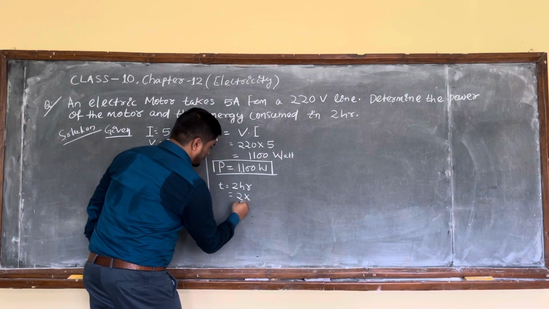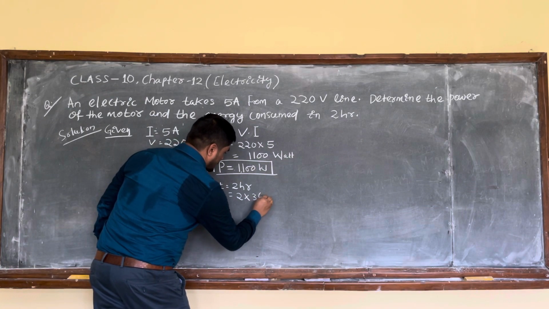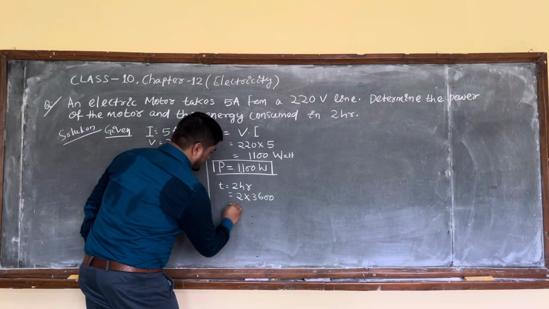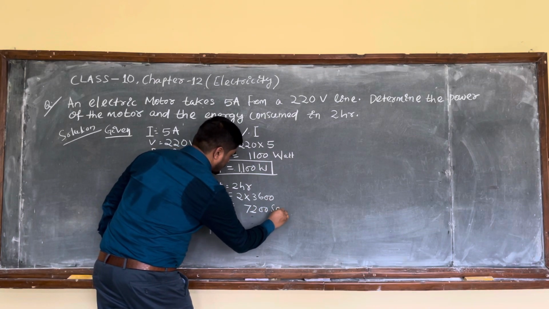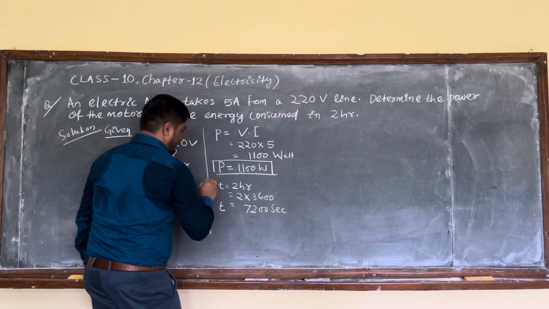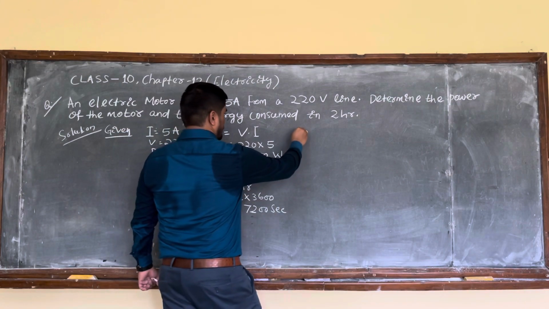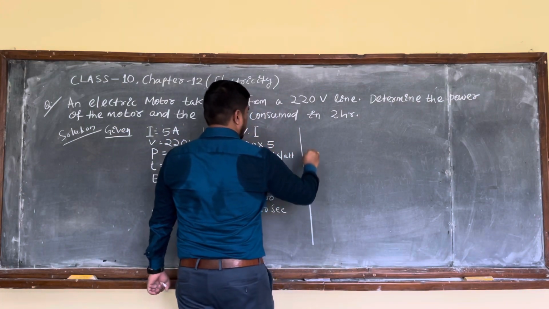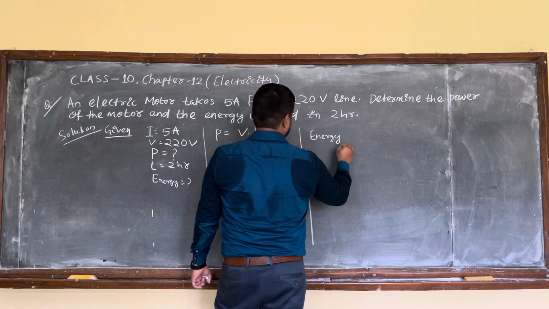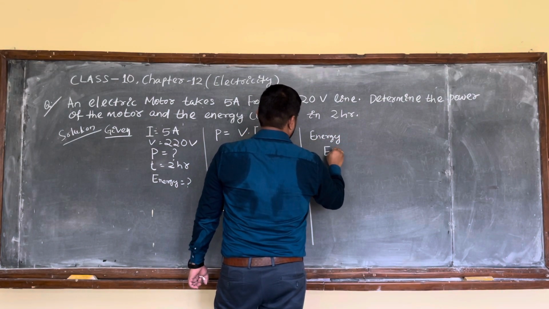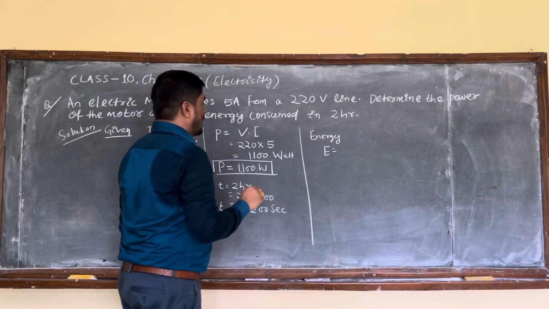So you have to multiply 2 with 3600. So that is 7200 seconds, and you have to find out the energy consumed in 2 hours.